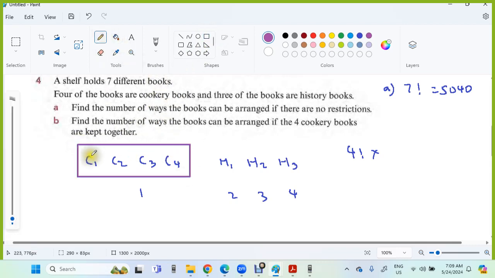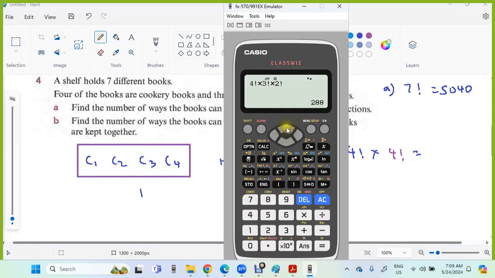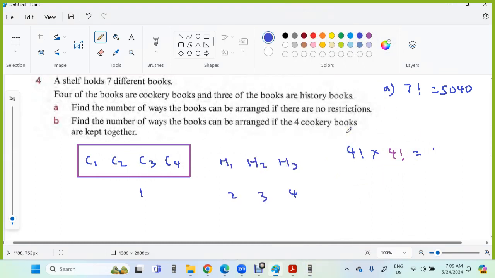Okay, inside the cookery books is 4 factorial. So we have 1, 2, 3, 4, 1, 2, 4, 3, and 1, 3, 2, 4, and 1, 3, 4, 2, something like that. So it will be 4 factorial multiplied with the 4 factorial. So it is 576.